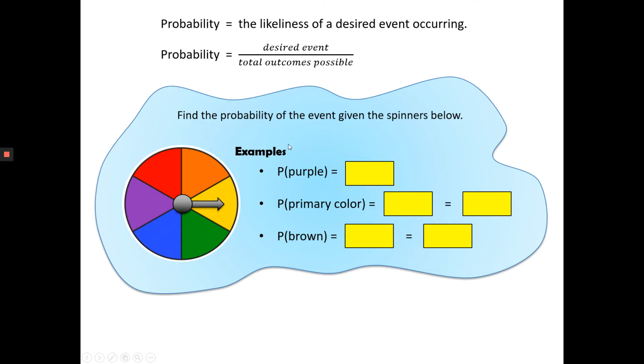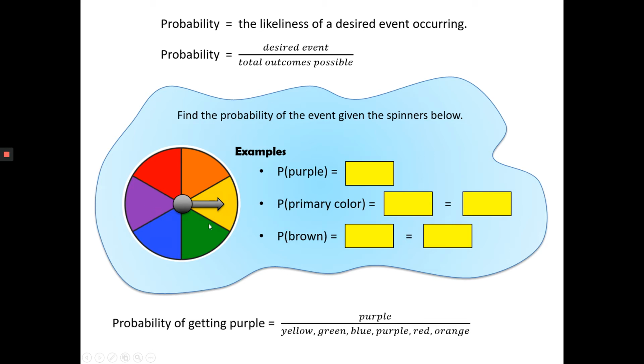The desired event for us is purple, but what are the total outcomes possible here? Well, there's purple, red, orange, yellow, green, blue. So there are 6 total possible outcomes that this thing can land on, and purple is just one of them. So what's the probability of the spinner landing on purple out of all of those possibilities? It's just 1 out of 6. You guys would click on the little yellow box here and type 1 out of 6.